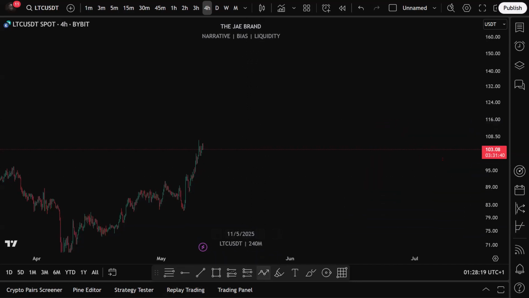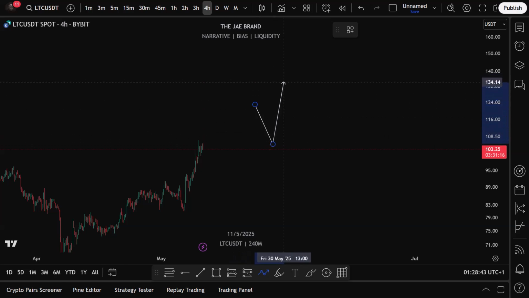I'm going to be giving us the template of my entry model. This setup I got is a buy setup, so I'm going to be showing us a buy template, the diagram explaining structure and liquidity. My strategy is purely structure and liquidity, and I've explained it over time in my previous videos.